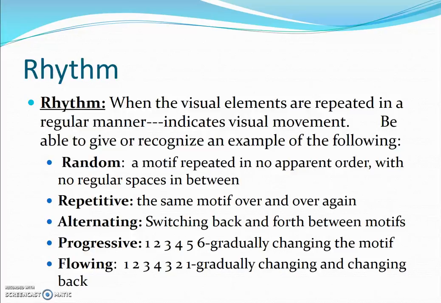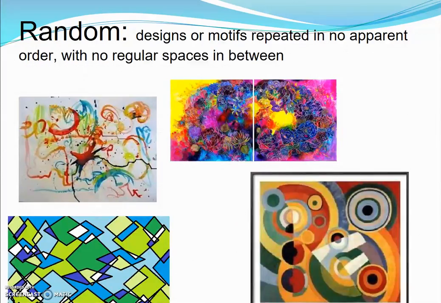But if I gradually change and then I gradually lower those back down, then that's flowing. These are the two that people tend to confuse. Progressive gradually changes, but does not change back, and flowing gradually changes, but then does change back.